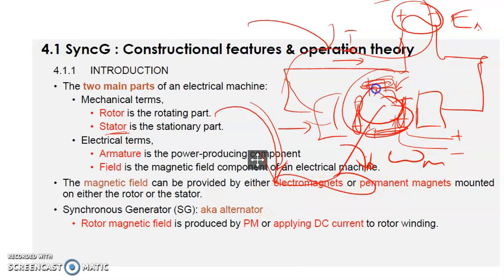So for this part, either we put a permanent magnet or we put a source of DC here, and the DC is put to the rotating part. So we can provide the electromagnets to the poles. Okay, synchronous generator, so-called alternator. The rotor magnetic field here, in the middle part, is produced by a permanent magnet or by applying DC to the rotor winding that I discussed before.